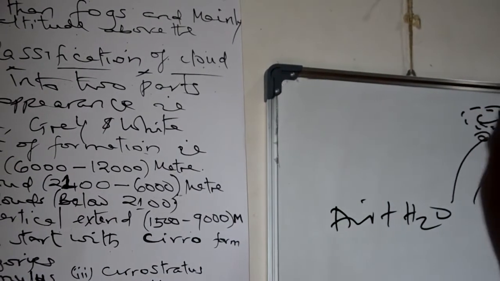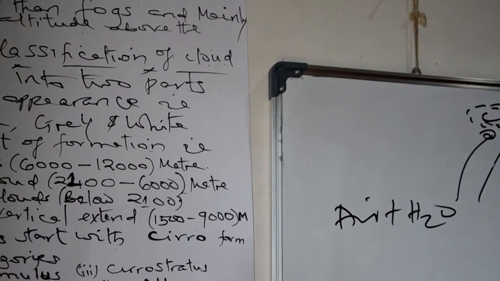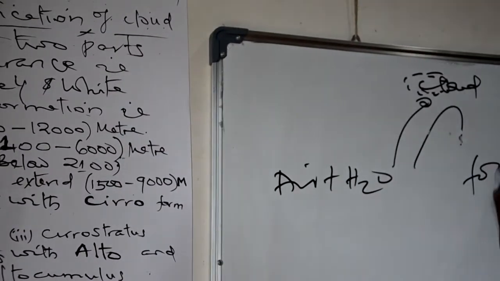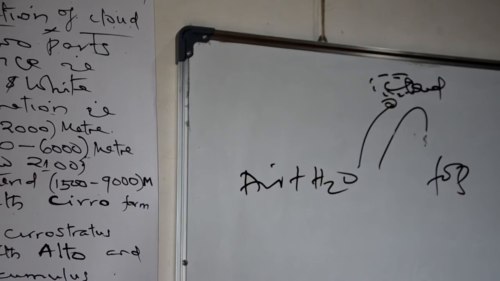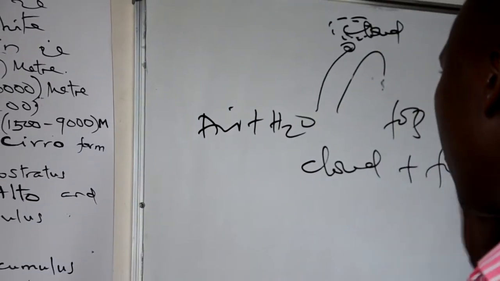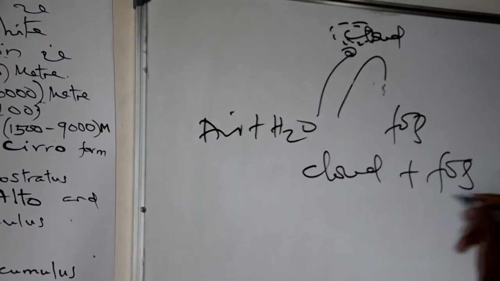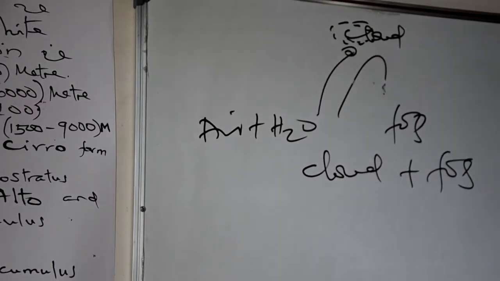They are larger than fogs, mainly formed in high altitude above the ground. Therefore, there are two terms you have to remind yourself: cloud and fog. And the fog we will describe more when we reach the subtopic called precipitation.